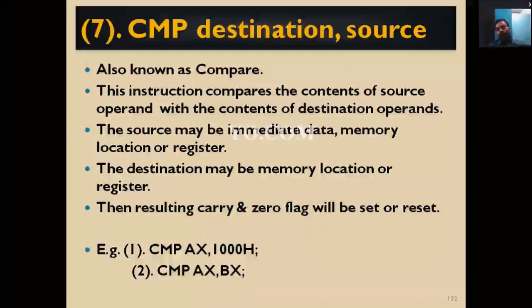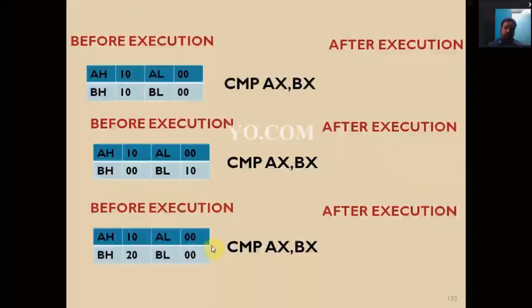So the AX value is compared with 1000. Then the result is stored in the ZF and CY flags. Then CMP AX, BX means the data present in AX and BX are compared. So this is the comparison formula.